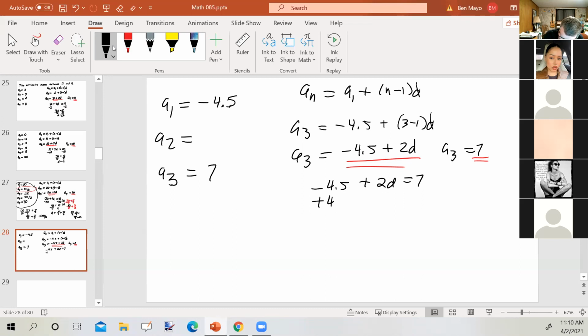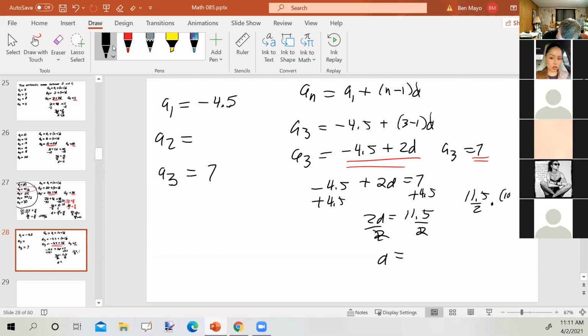We're going to add 4.5 to both sides. 2d equals 11.5. Divide by 2. d equals, let's see, what's 11.5 divided by 2? Or could we turn that into a fraction?